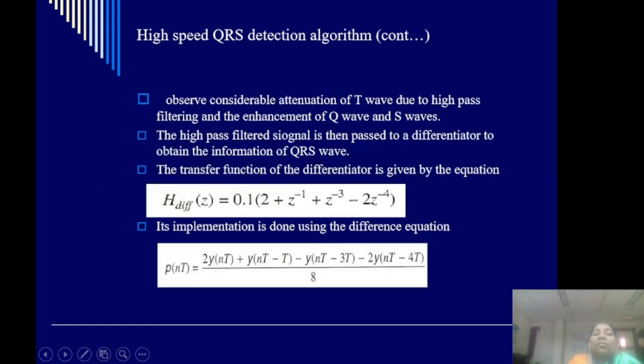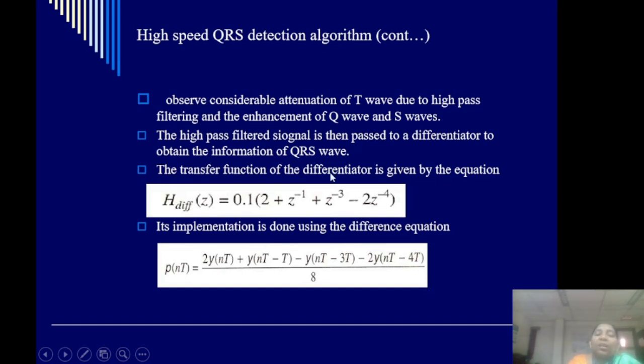Next, we attenuate the T wave by passing the waveform to the high pass filter and enhance the Q wave and S wave. Then the high pass filtered signal is passed to a differentiator. The differentiator transfer function is given by 0.1 of (2 plus z inverse minus z power minus 3 minus 2 z power minus 4).